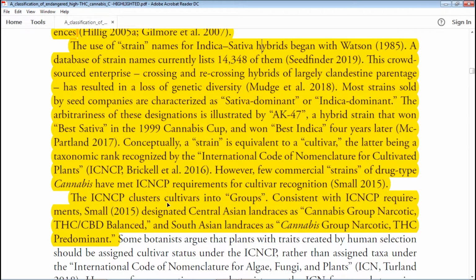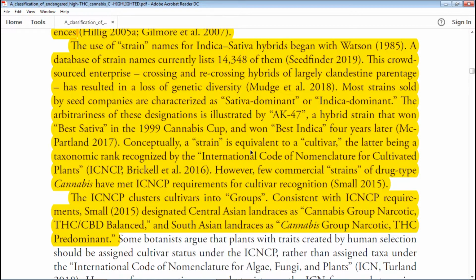The ICN-CP clusters cultivars into groups. Consistent with ICN-CP requirements, Small 2015 designated Central Asian land races as Cannabis Group Narcotic THC/CBD balanced and South Asian land races as Cannabis Group Narcotic THC predominant. So there you go.